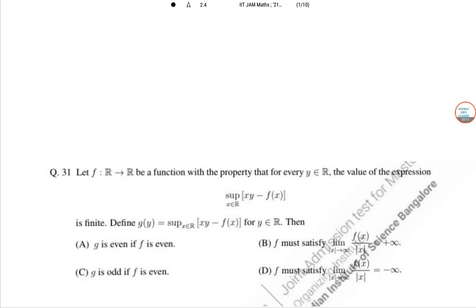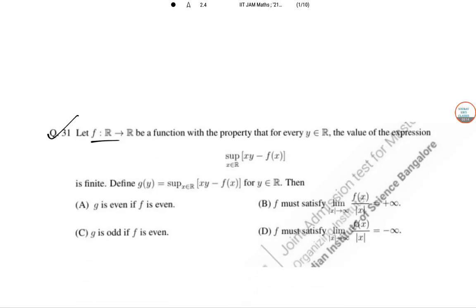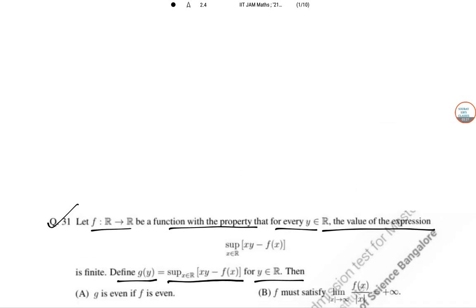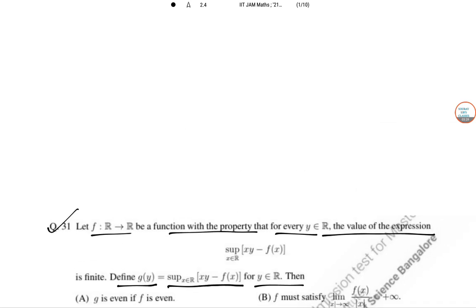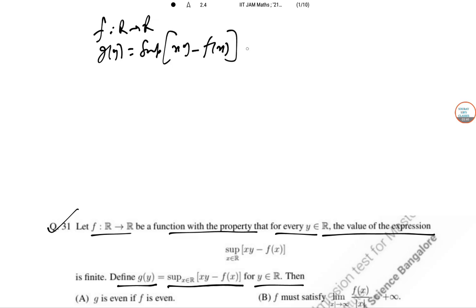The next question is question number 31. f from R to R is a function with the property that for every y in R the value of the expression supremum over x of xy minus fx is finite. Define g of y as this supremum, then which of these is true? So given f from R to R, g of y is supremum of xy minus fx.